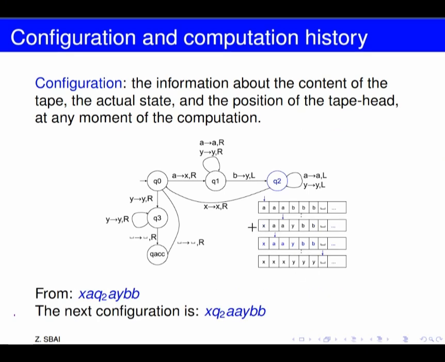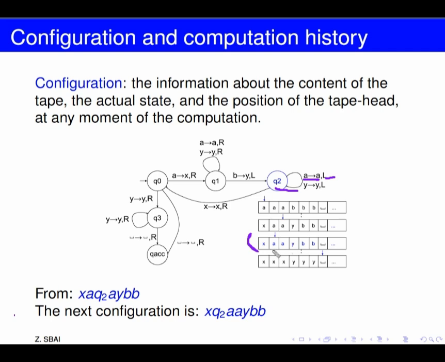Now, if we apply the transition from that state, Q2, the transition says that if it's A, we will write the symbol A. The symbol A there will not be changed, and we will move left. So we'll apply this transition and see what will be the content of the tape and on which cell the tape head will point.